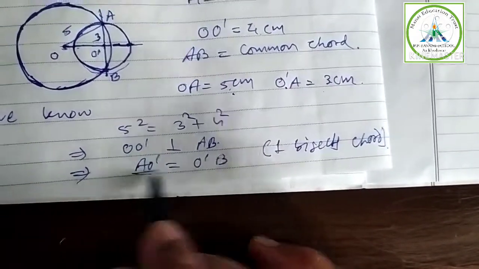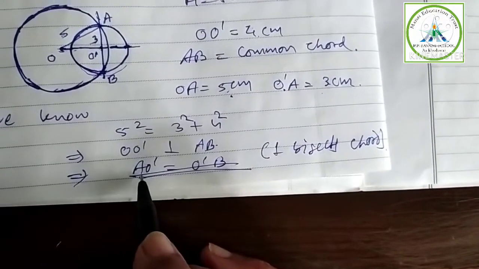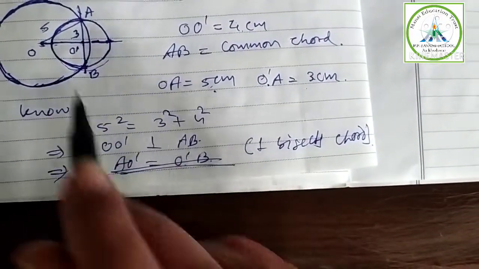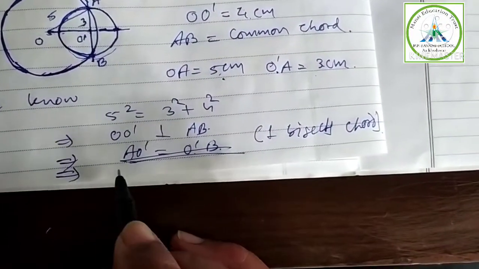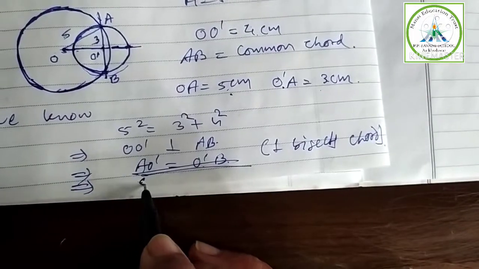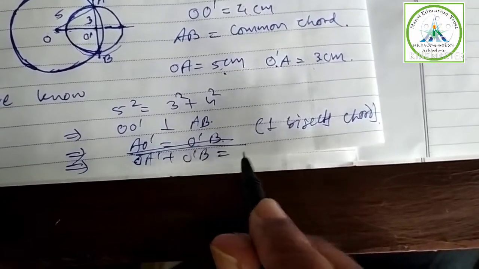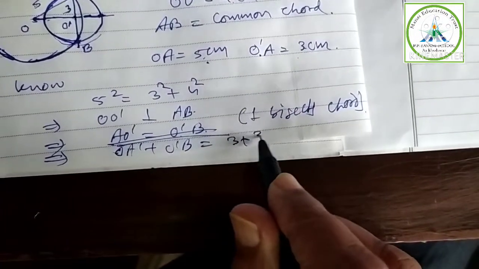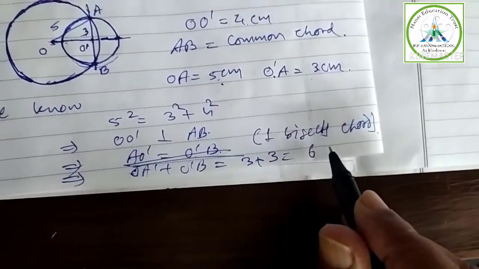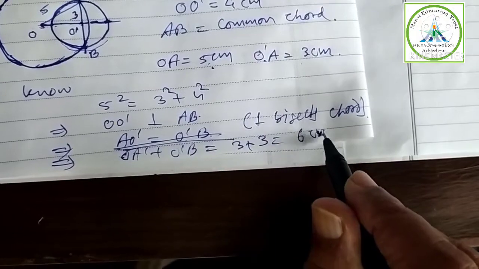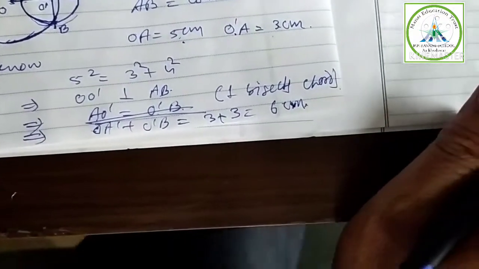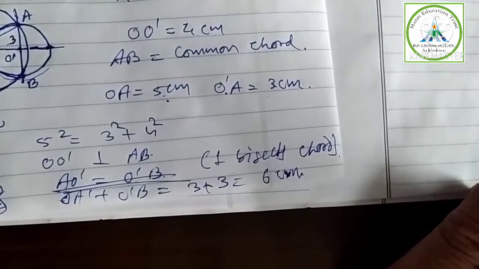Remember it. Clear? And if AO dash is known, then O dash B is also known. This implies that AO dash plus O dash B equal to 3 plus 3 equal to 6 centimeter. So the length of the common chord is 6 centimeter.